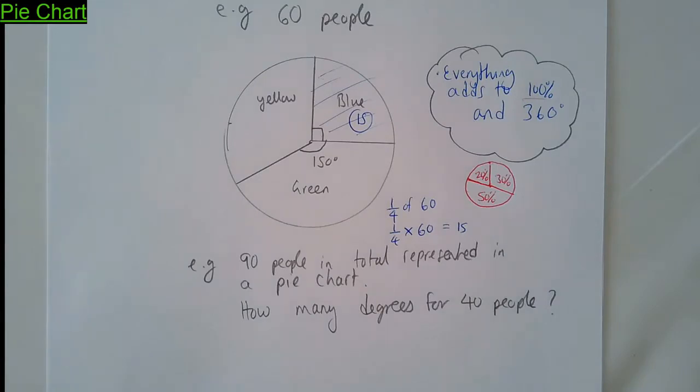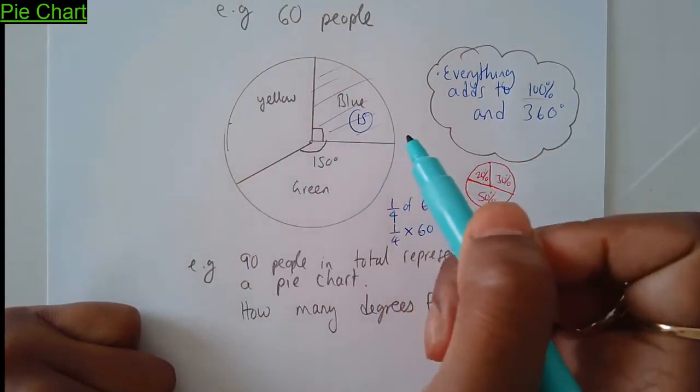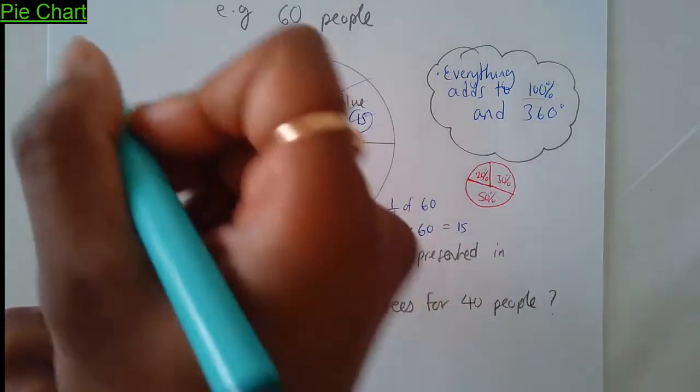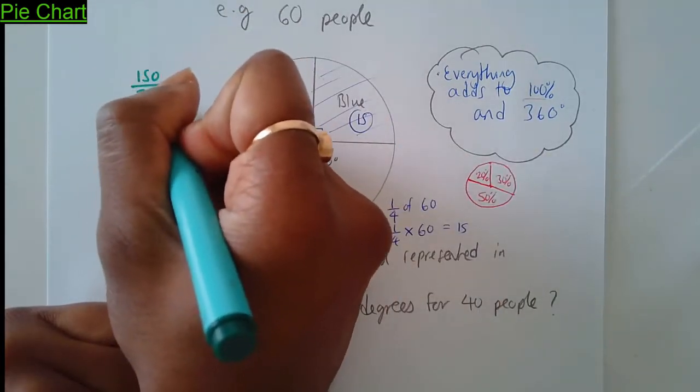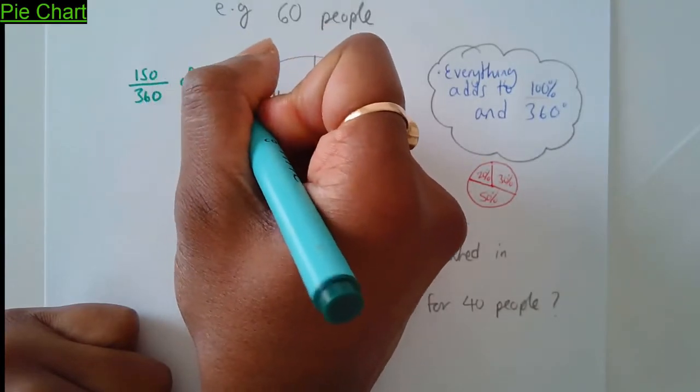And what about the green? For the green, it is 150 degrees. So we need to establish what fraction that is. 150 degrees out of 360 of 60 people.